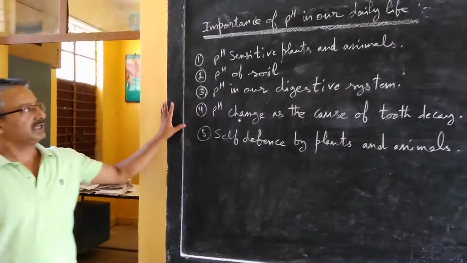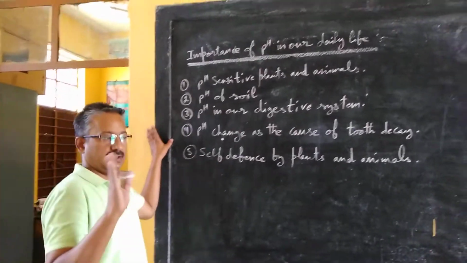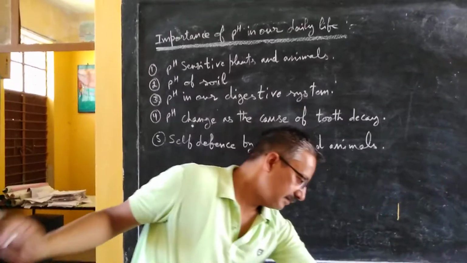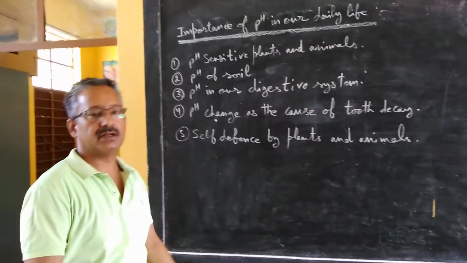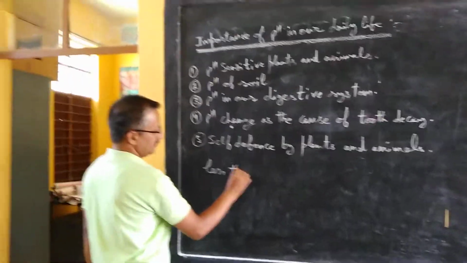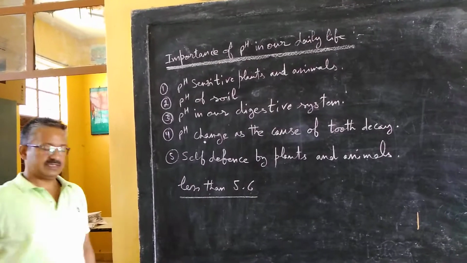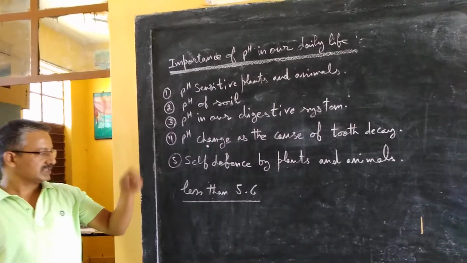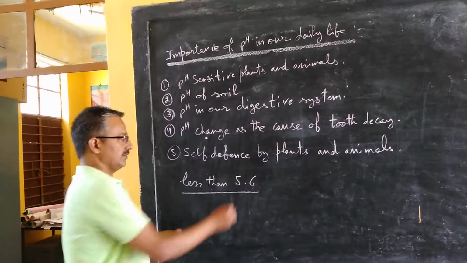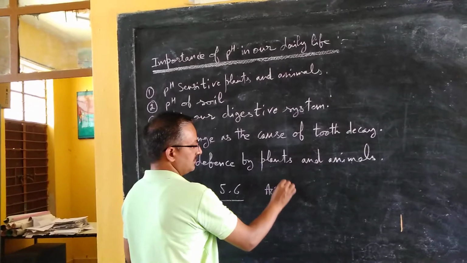First is pH sensitive plants and animals. Okay, now see, if the pH value of rain becomes less than 5.6, if the pH value of the rain which comes down, if we check and it is less than 5.6, then it means the rain has become acidic.